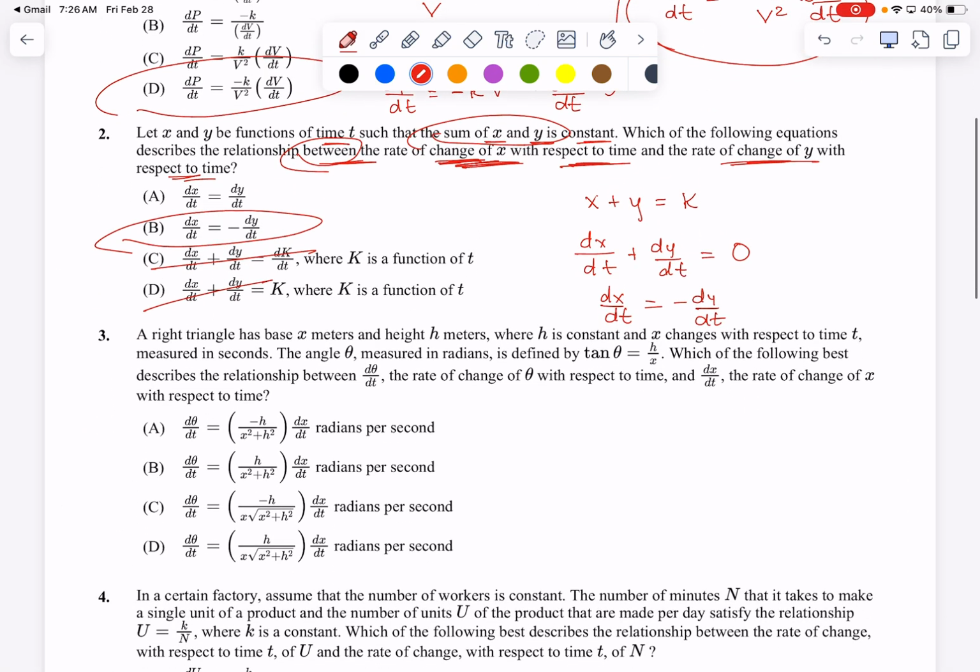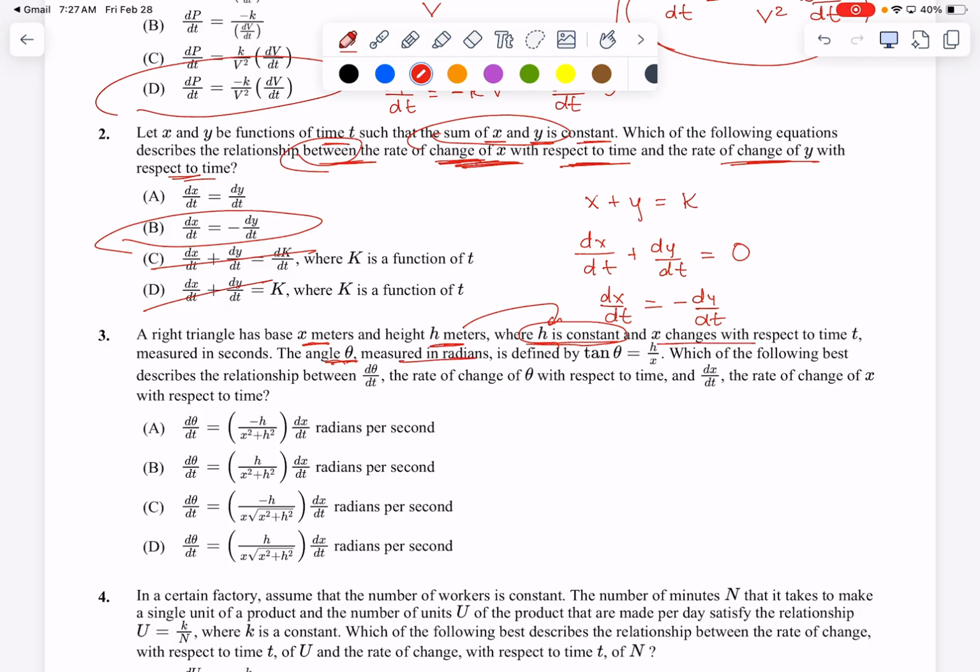All right. A right triangle has a base x meters and a height h meters, where h is constant, so I'm going to circle that, and x changes with respect to time measured in seconds. So h is constant. x is the only one that changes with respect to time.